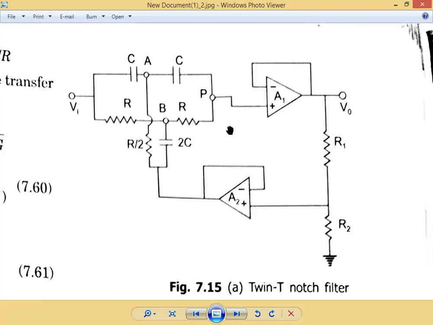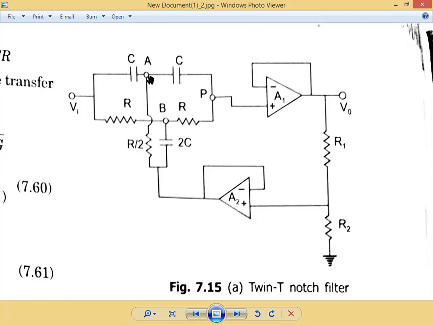For obtaining the gain, that is the transfer function of this notch filter, we are going to write KCL at node A, at node B, as well as at node P also.